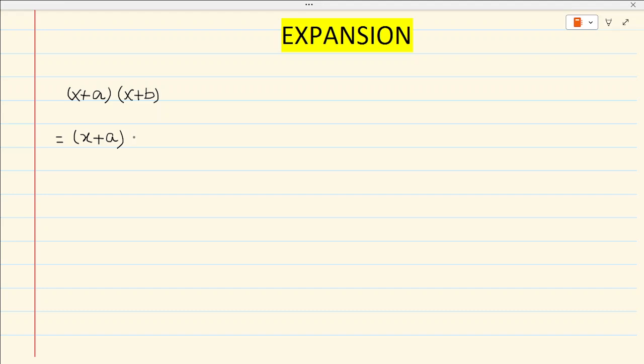plus x plus a multiplied by b, correct? This is known as the distributive property.